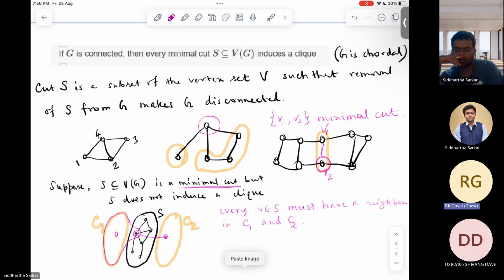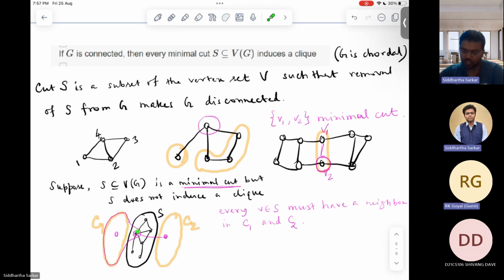Yes, because S is a minimal cut, any subset of S cannot be a cut. But here we have exhibited a situation where one vertex from S has been taken out and included in the other component C1, and still the rest of the vertices in S are able to disconnect C1 and C2.